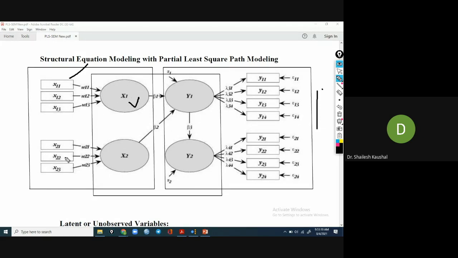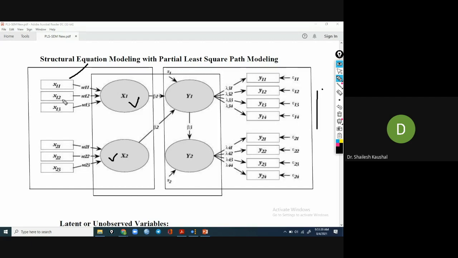Same as x21, x22, x23: these are the independent or measured variables, and they are forming construct x2, because the arrow goes from the rectangle to the construct, the oval shape.